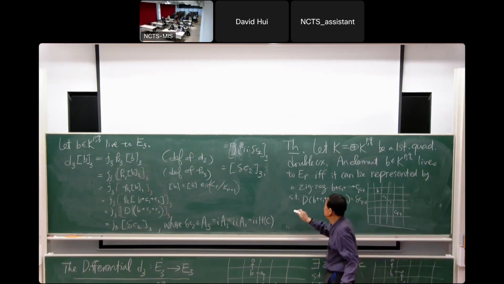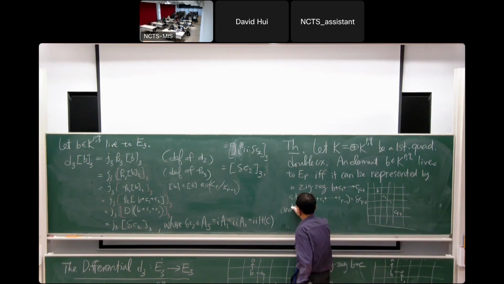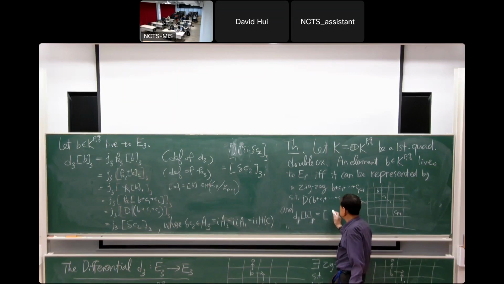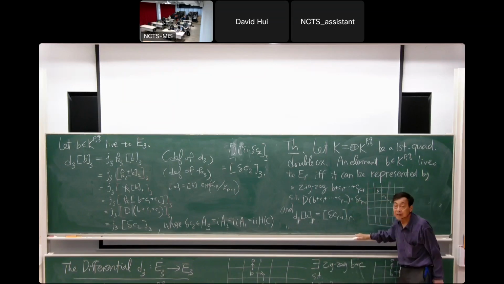And D_R of B, it's not D3, D_R of B is going to be the class of the tail term. Okay? So that's the general theorem.